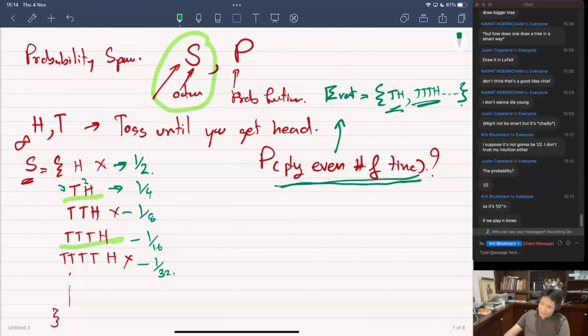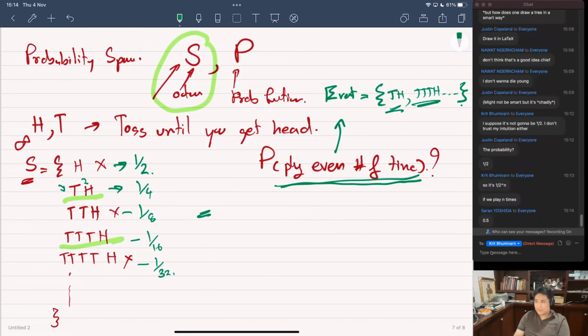So how do we do this? What is it equal to? 0.5?